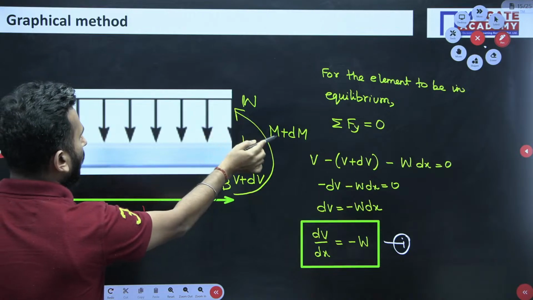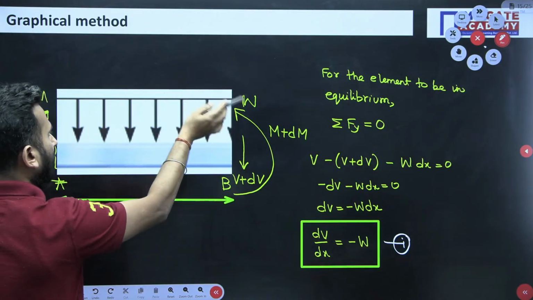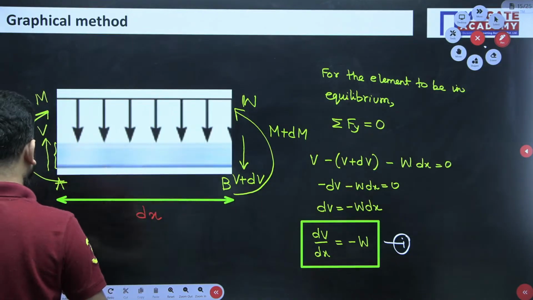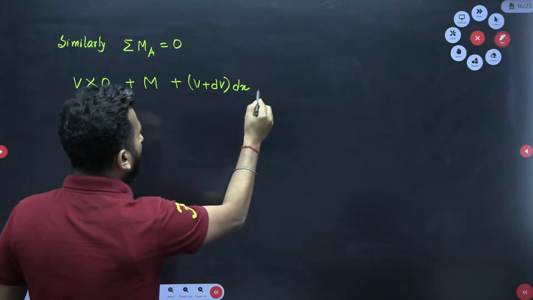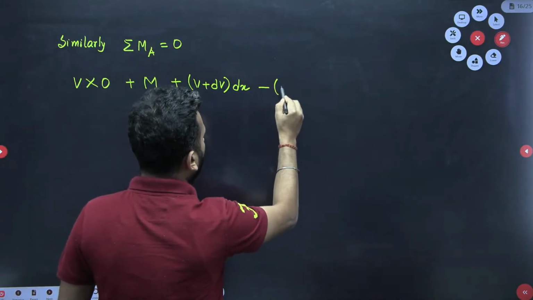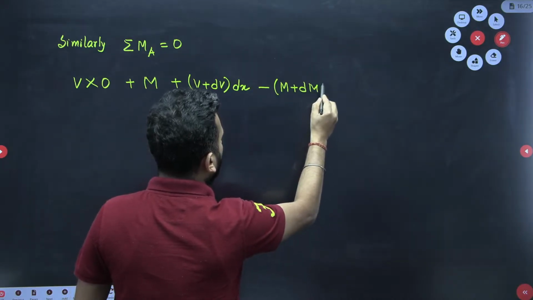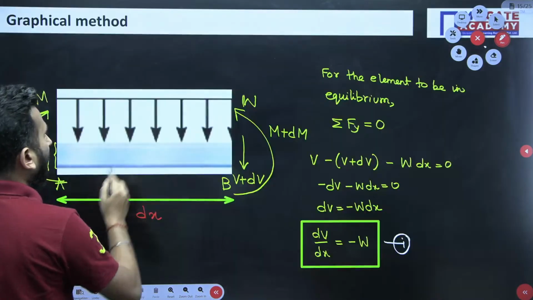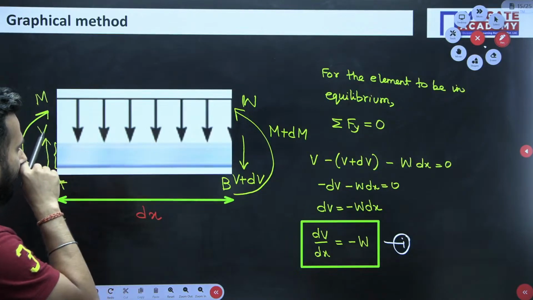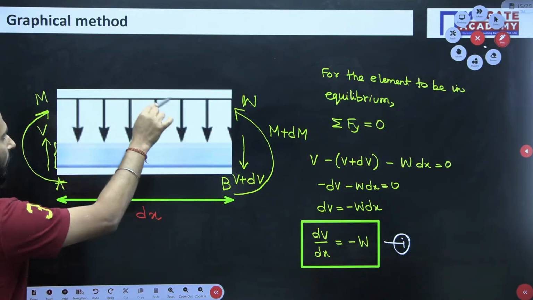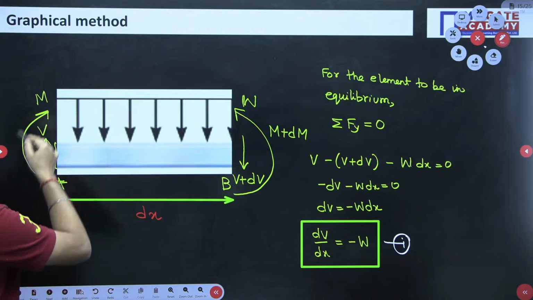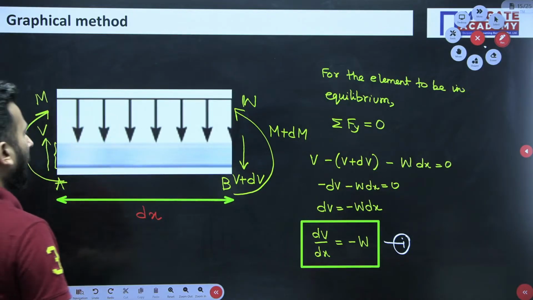Again M plus dM, but it is acting in the opposite sense, so for writing this I have to put a minus sign. And finally, the moment due to the distributed loading is there. Again I have to take it as positive because it is in the same sense as M.